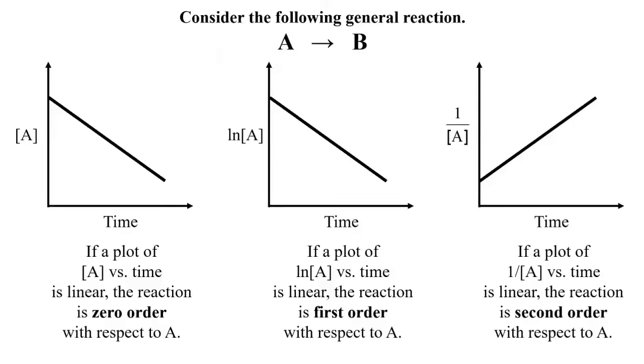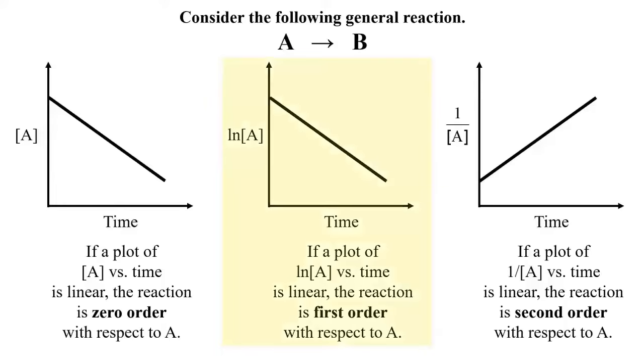In general, when you have a reaction where you go from A reactant to B product, if the concentration of A versus time is a straight line, then that indicates it's zero order with respect to A. If the natural log of the concentration versus time is a straight line, then it's first order with respect to A. And if the reciprocal, or 1 over the concentration of A versus time, gives you a straight line, then it's second order with respect to A.